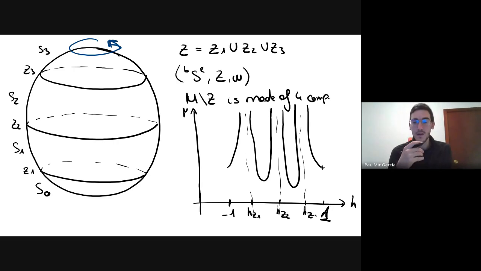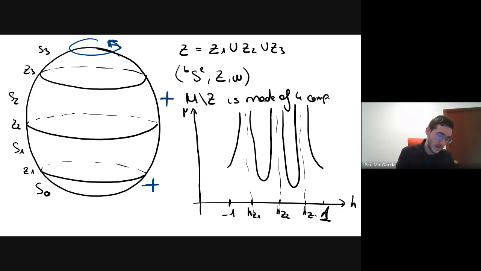And now, if we were going to look for the Bohr-Sommerfeld leaves here, which are the circles of the polarization which have an integer value of the moment map, we will again find that they are infinite. But now is when we do the trick of counting them positively and negatively depending on each side of Z, or on each band they are. The trick is to start alternating signs here. So this will be positive.